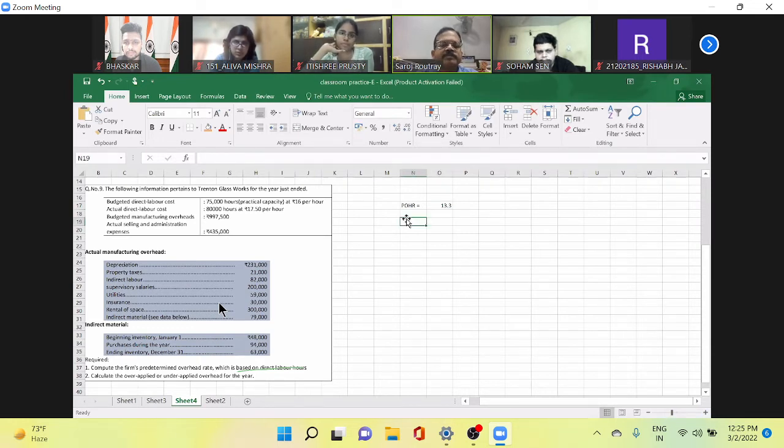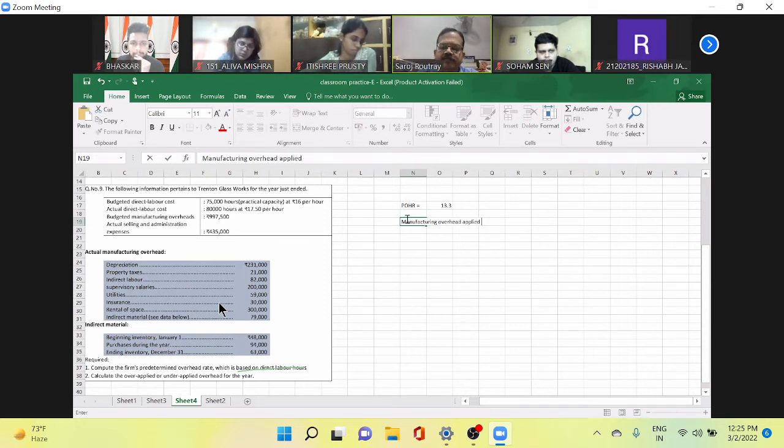Second point, manufacturing overhead applied: 13.3 into actual labor hours. Actual labor hour is 80,000.